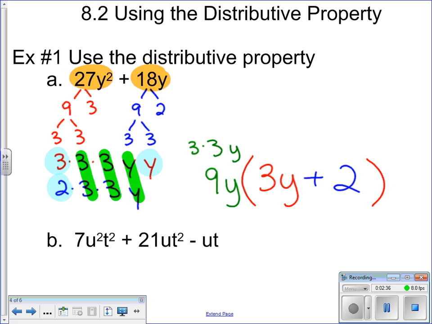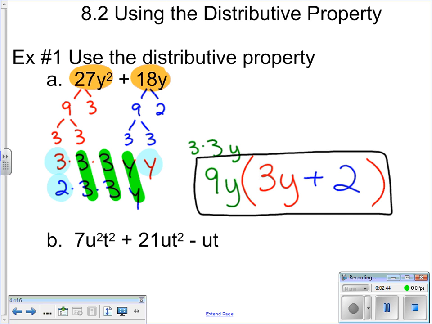The stuff that's not highlighted from the greatest common factor goes inside the parentheses, and that's how you find the answer. So the greatest common factor is in front of the parentheses. Anything that's not part of the greatest common factor goes in the parentheses. Now, if you perform distributive property and did 9y times 3y, 9y times 2, you get the original problem. So you can check this if you want to.